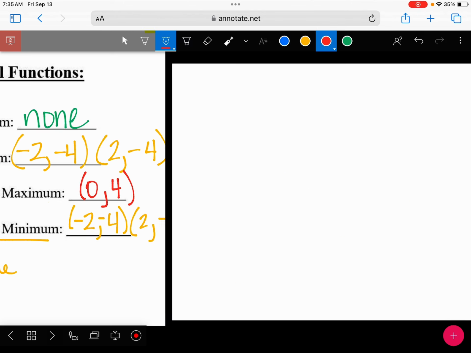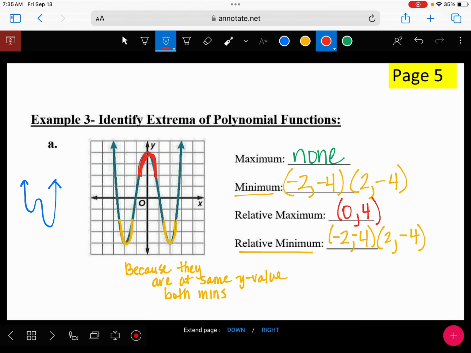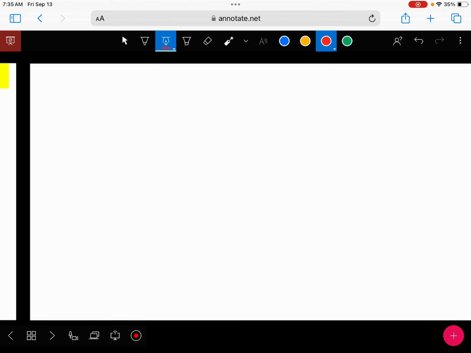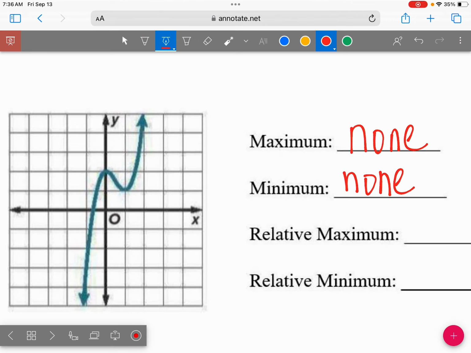All right, let's look at the next graph. So this is an odd degree. So this one is an odd degree. So because it's odd, there is no max and there is no min. So for my relative max, remember, I'm going to look for a frown.